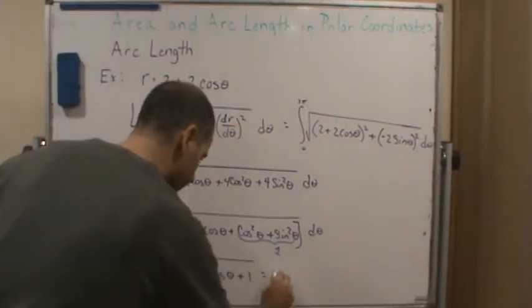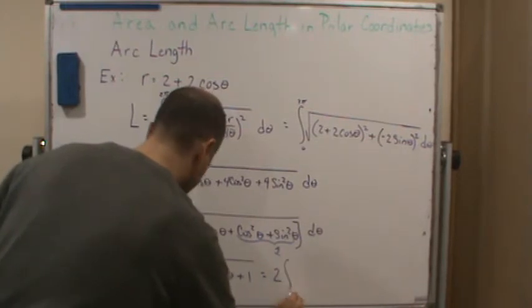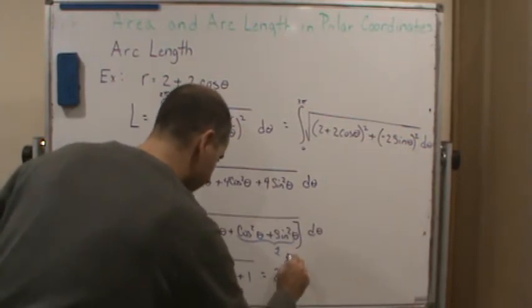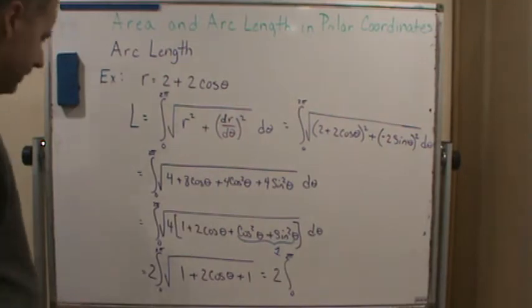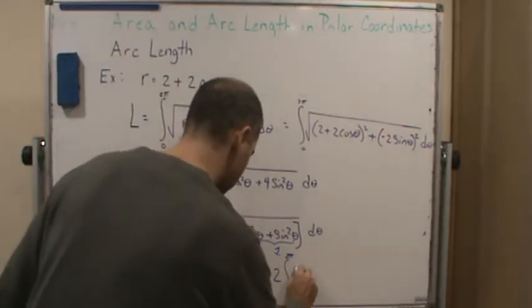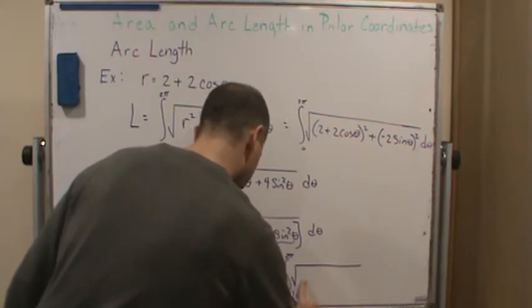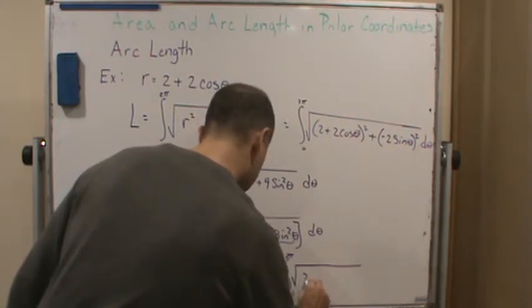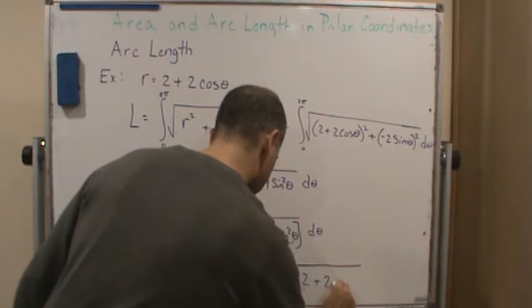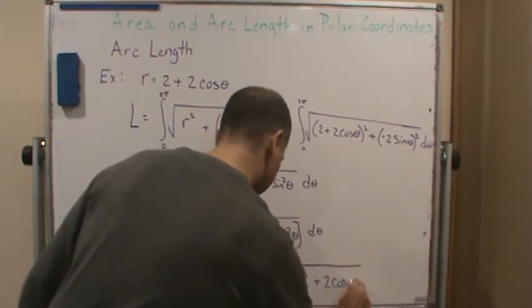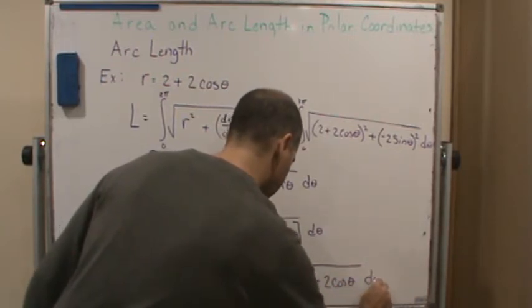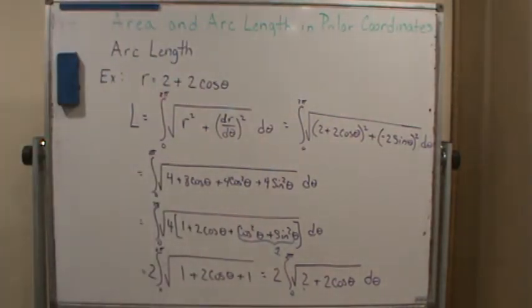So now this is going to be 2 times the integral from 0 to 2 pi of the square root of 2 plus 2 cosine theta, d theta.